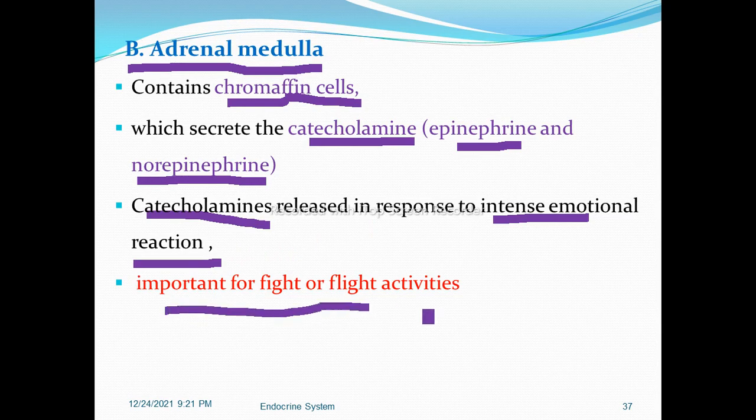They are important for fight or flight activities. These two hormones are secreted during these activities, or when we have intense emotional reaction. So these hormones are the product of the adrenal medulla by chromaffin cells.